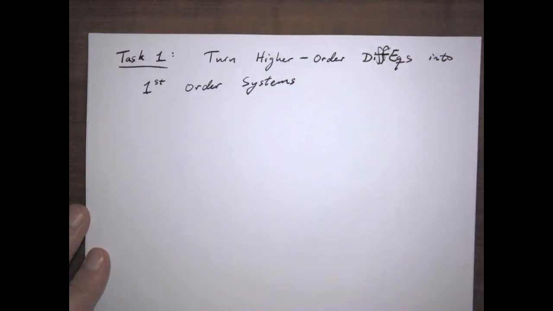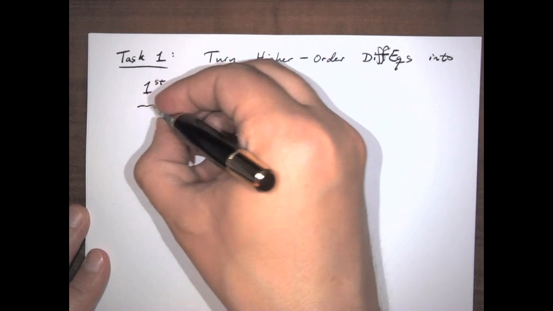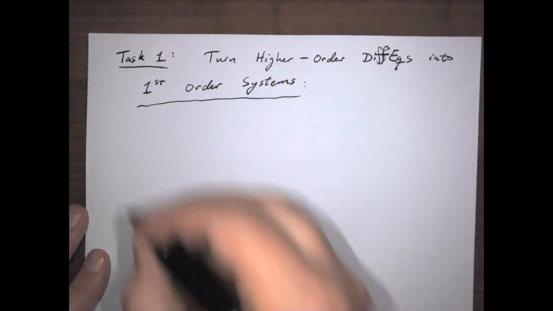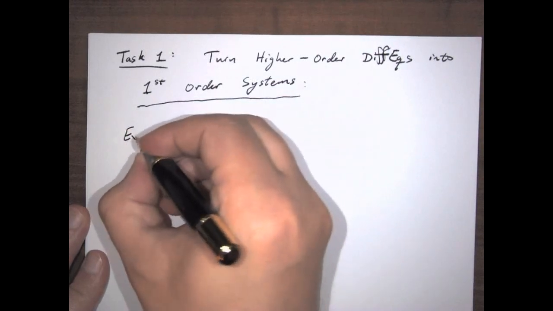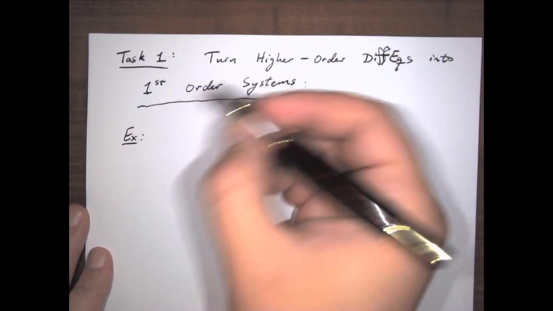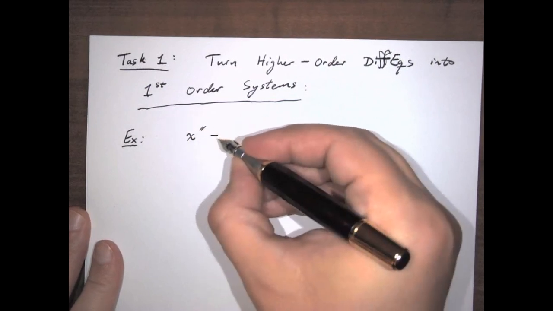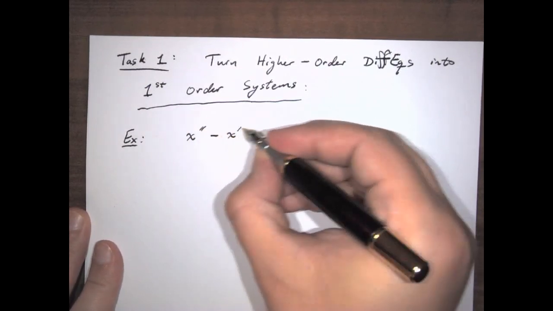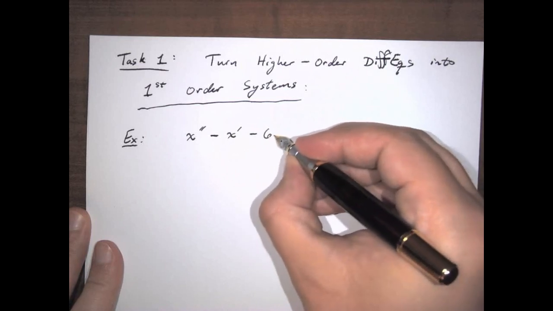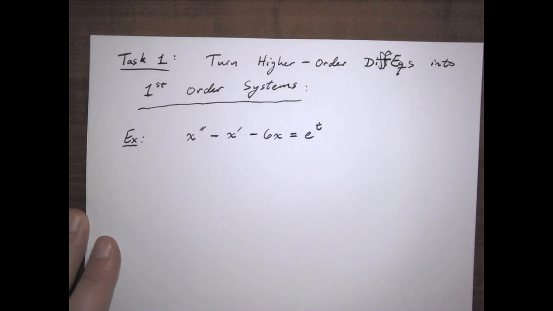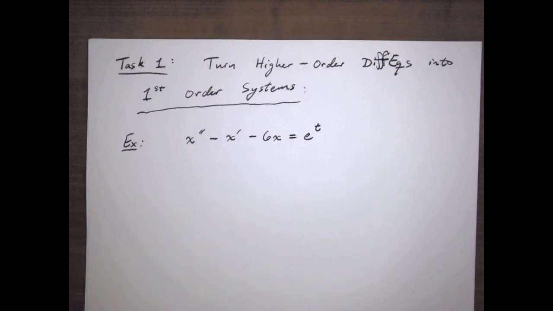And this is going to be one of our primary tasks, and we'll explain why we would want to do this in a bit. But first, let's see just an example of the sort of thing we would want to turn into a system. So let's take, for example, x double prime minus x prime minus 6x is equal to e to the t. So this is a classic little example.